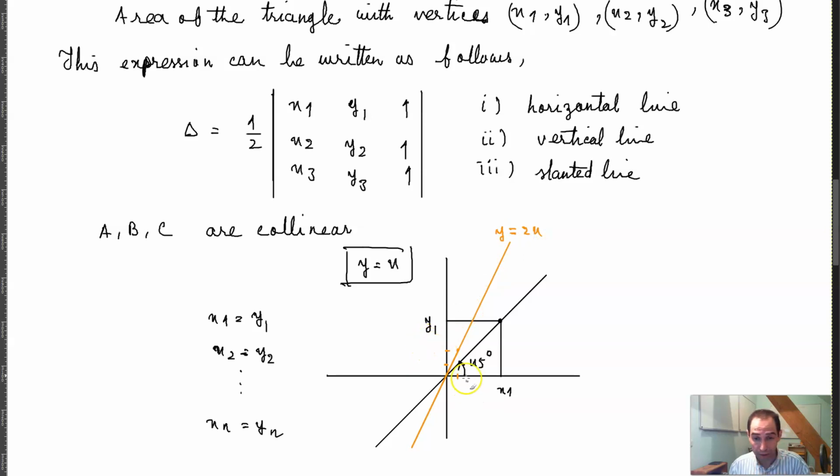Now what that means is that whatever point I take on this line, the x coordinate of that point is half the y coordinate of the same point. Meaning that if x is equal to 1, y is equal to 2. If x is equal to 2, y is equal to 4. Always the x coordinate is half times the y coordinate.